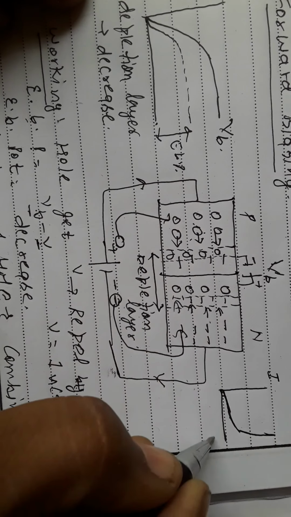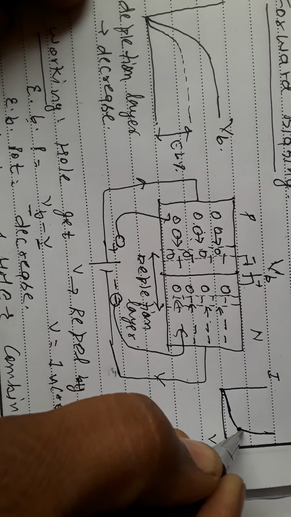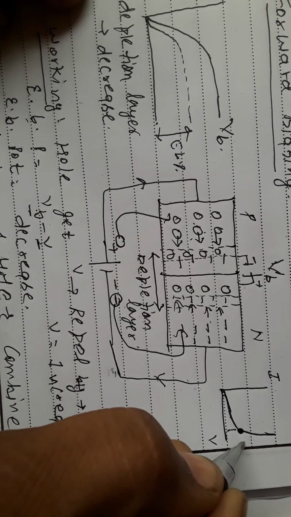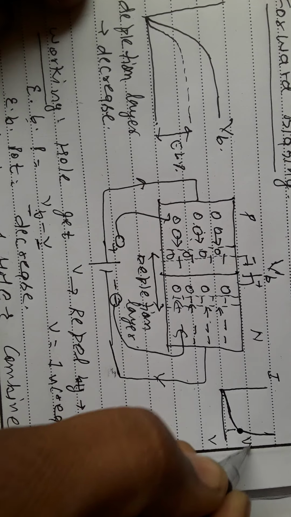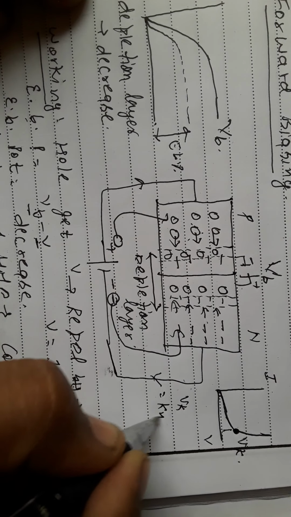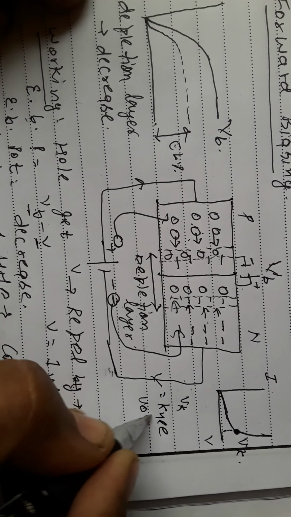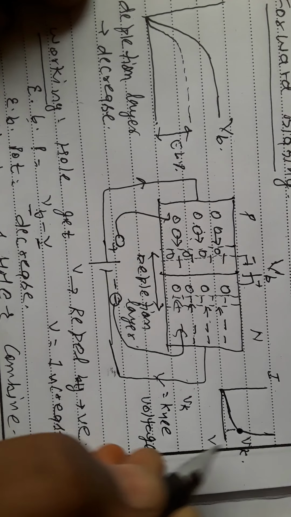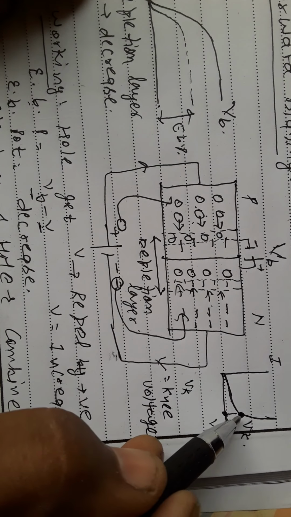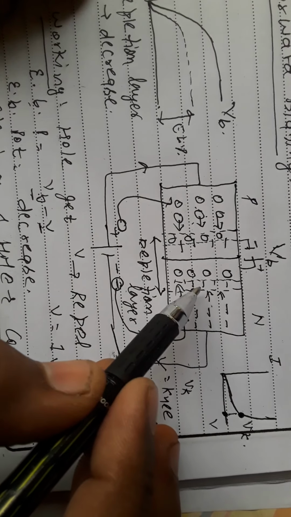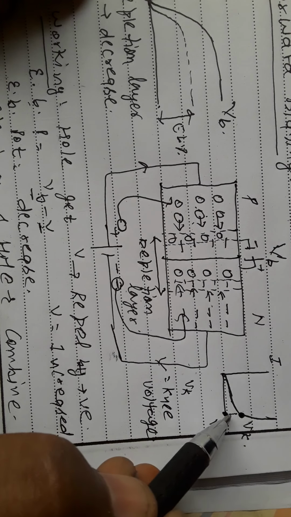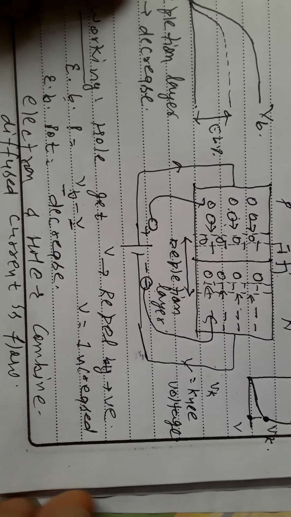This is the graph between current and potential. The potential at which a large current flows is known as the knee voltage. The potential at which a large concentration of electrons and holes combine and a large diffusion current flows is known as the knee voltage. This is the working of forward biasing.